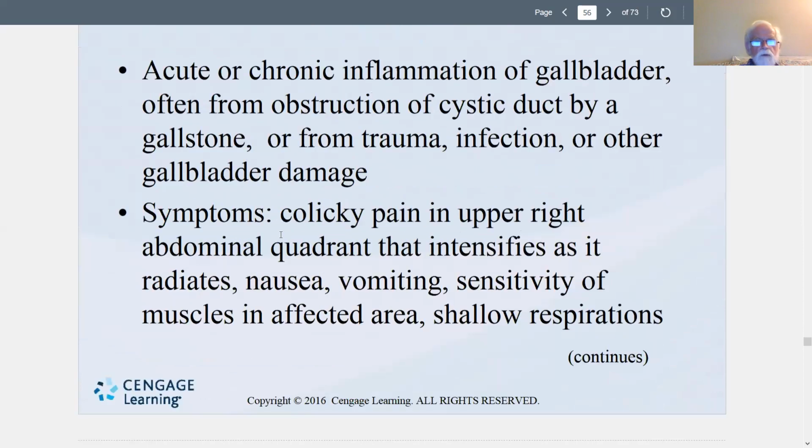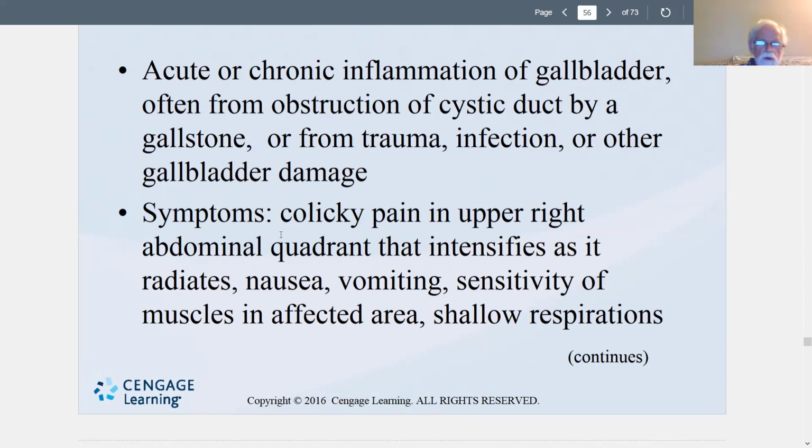Cholecystitis is an inflammation of the gallbladder. It can be acute or chronic. It can be caused by an obstruction of the duct from the gallbladder by a gallstone, or trauma or other damage. Pain in the upper right abdomen intensifies as it radiates.